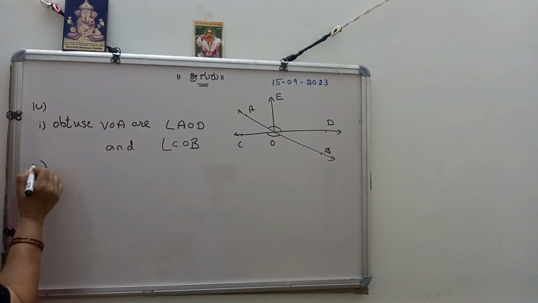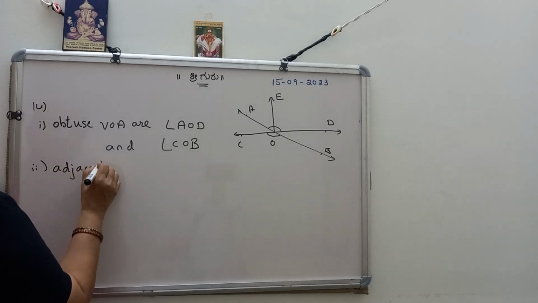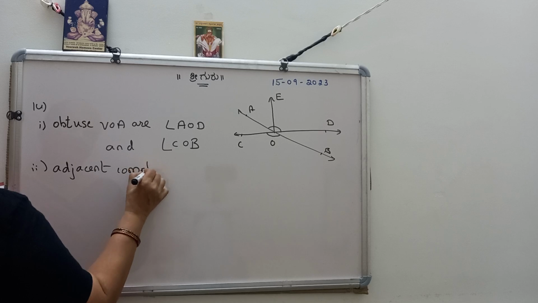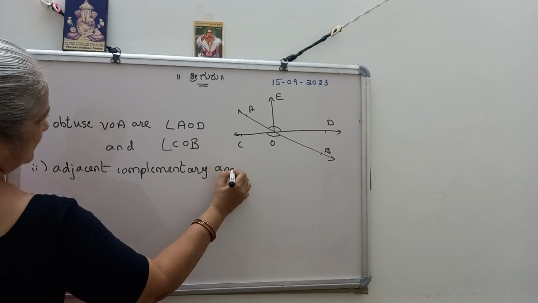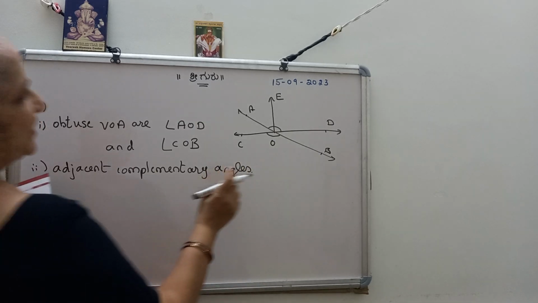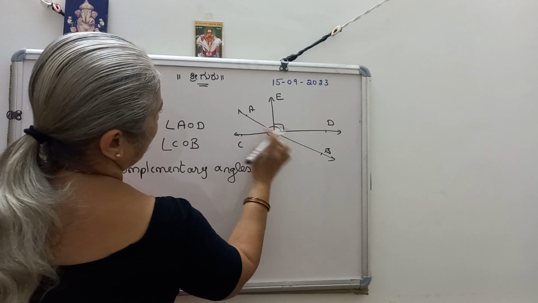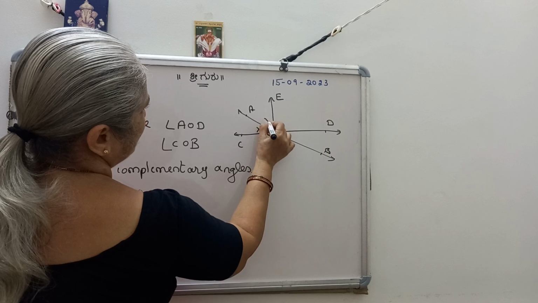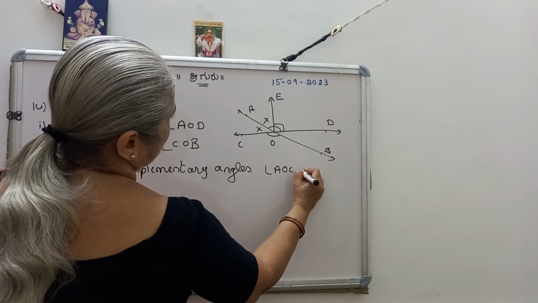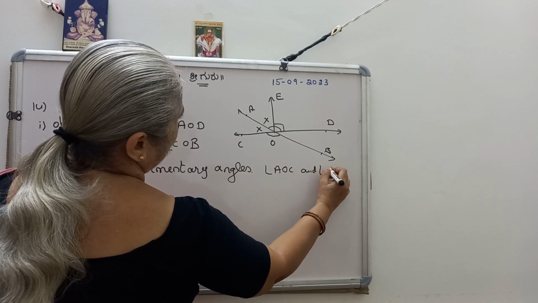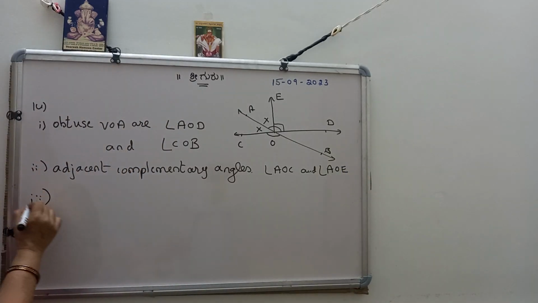Now the second one. Adjacent complementary angles. Since it is shown as the 90 degrees, adjacent complementary angles are this and this. Angle AOC and angle AOE. Then the third one.